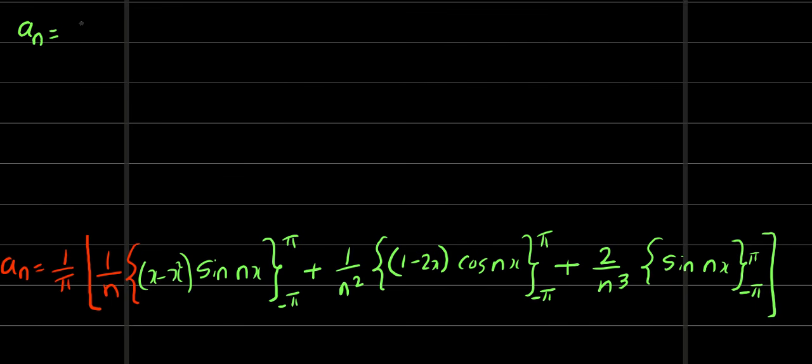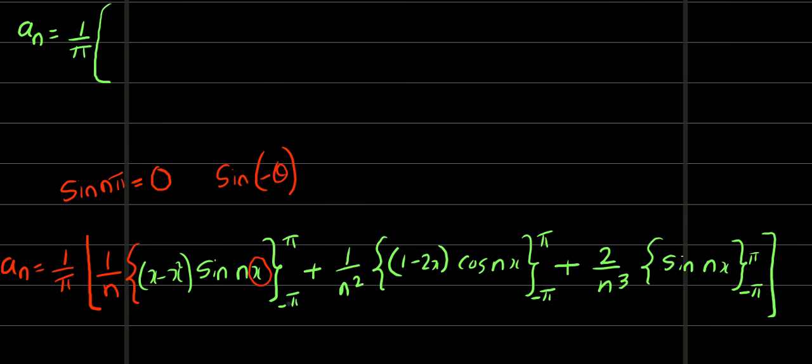An is equal to 1 by pi. Okay, now tell me what might happen if I input the upper limit. We only get sine n pi, and we have learned sine n pi equal to 0. And what is sine minus theta?